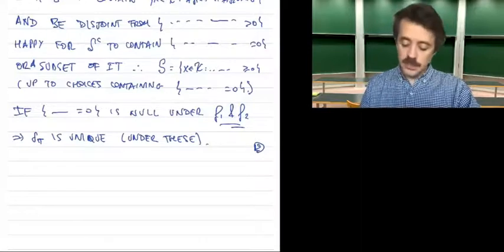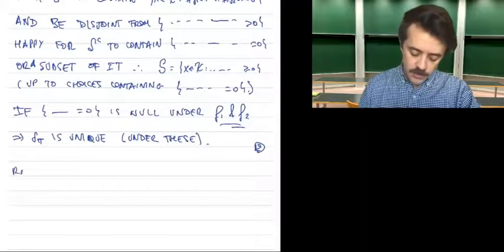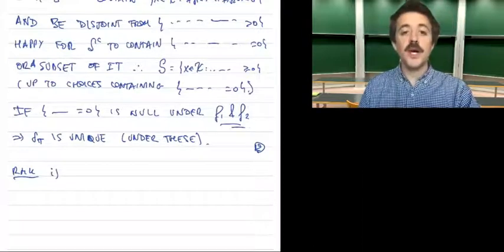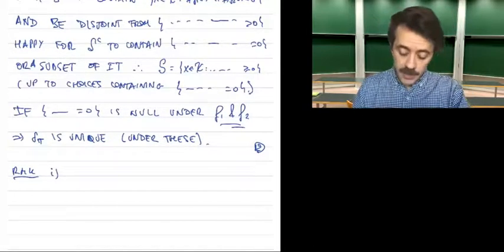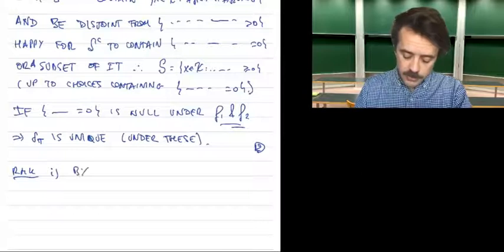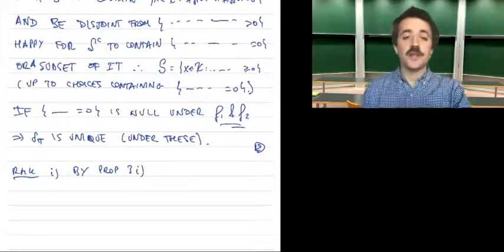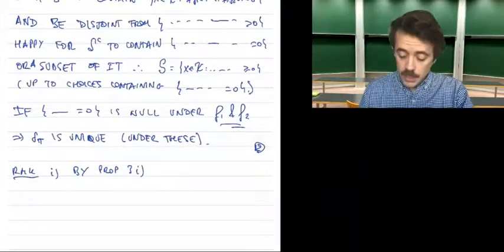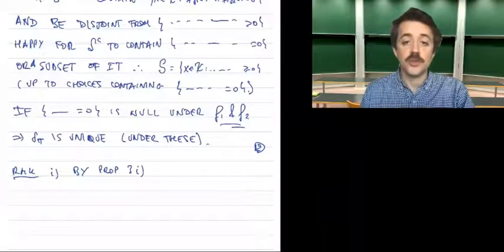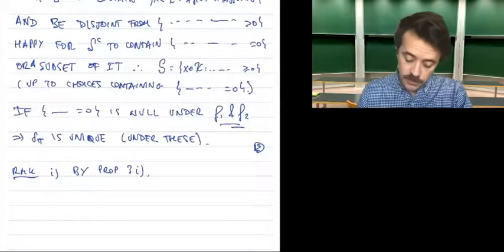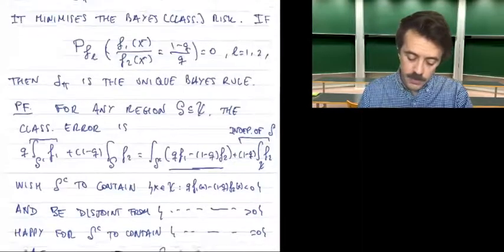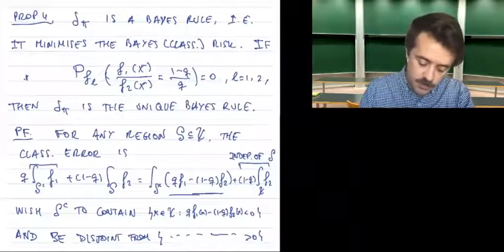Okay, so this shows the two parts, and let's make a remark. So the first part is simply saying, well, by proposition 3 on the first entry of it, we have that this is unique, and let's call this star.